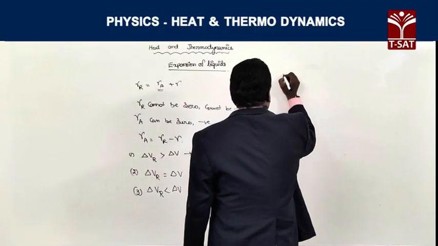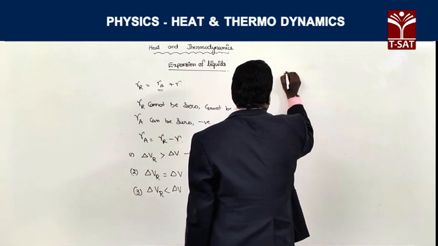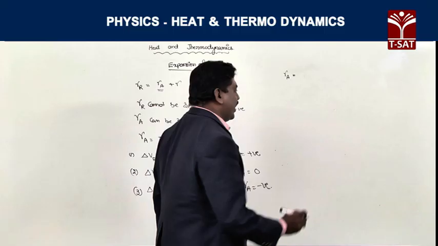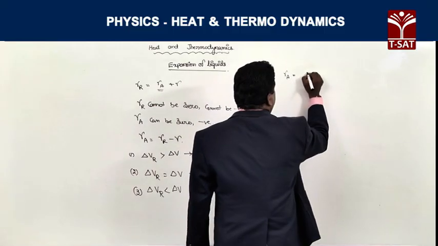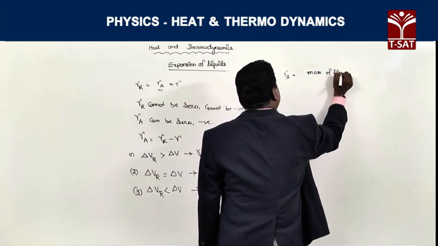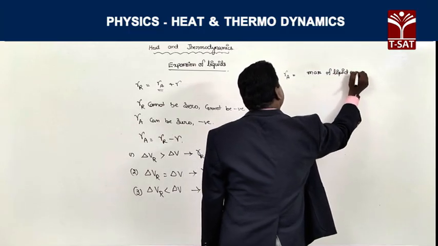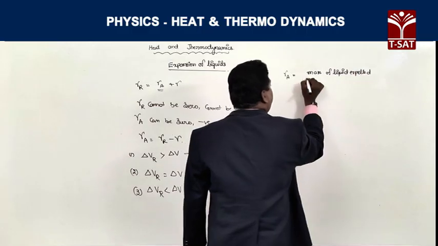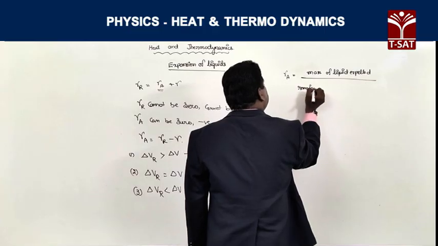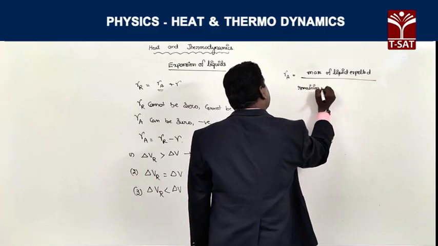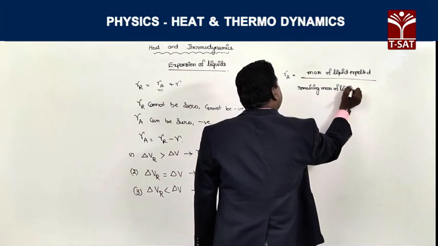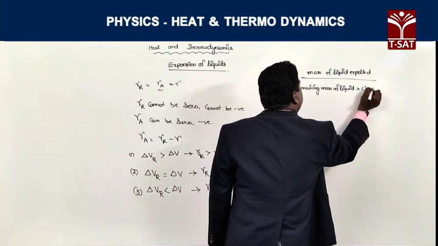For determining the coefficient of apparent expansion of liquids, we use the formula gamma A equals mass of liquid expelled by remaining mass of liquid into change in temperature.